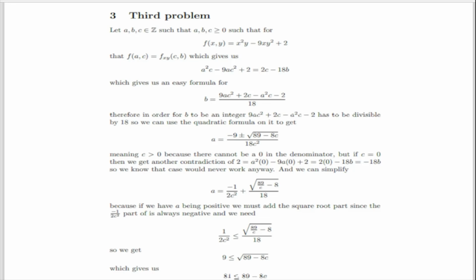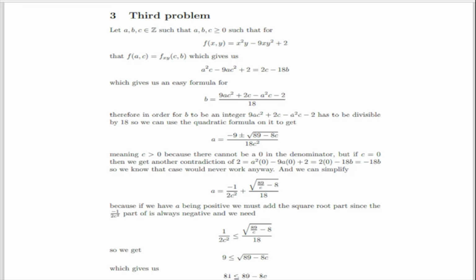Therefore, in order for b to be an integer, 9ac squared plus 2c minus a squared c minus 2 has to be divisible by 18. So we can use the quadratic formula on it to get the following. A equals negative 9 plus or minus the square root of 89 minus 8c all over 18c squared, meaning that c is greater than 0, because there can't be 0 in the denominator.